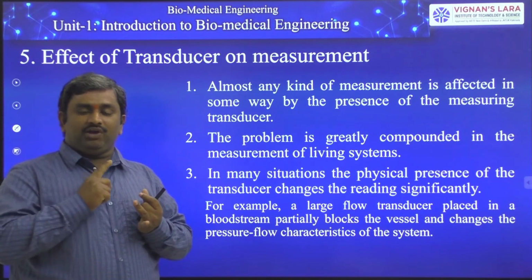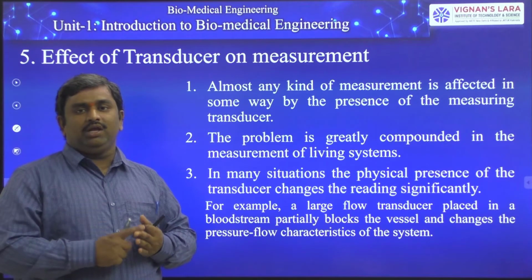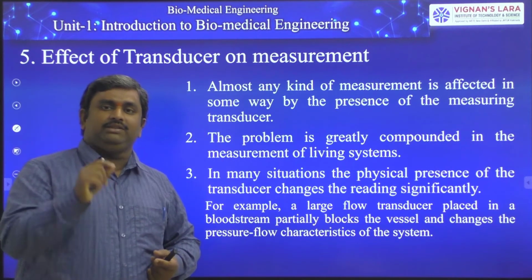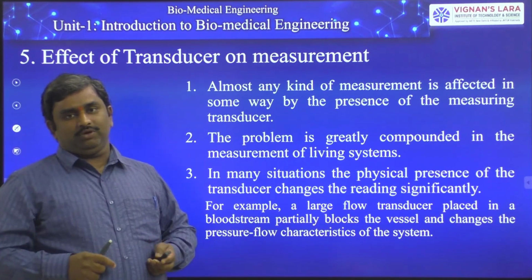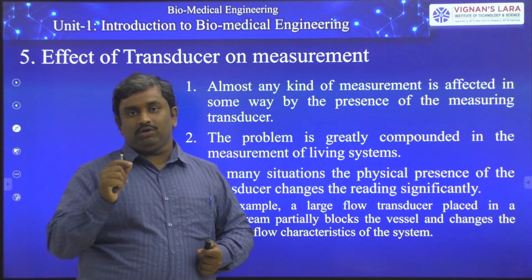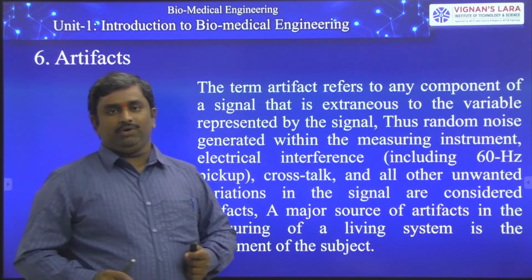It may be the size of the transducer, the efficiency of the transducer, or the shape of the transducer. Whatever it may be, the effect of the transducer may be there in the measuring process. So the right electrode or transducer is very important.